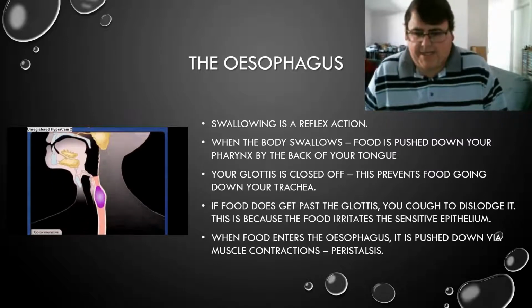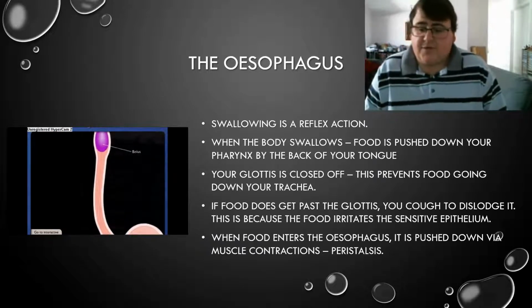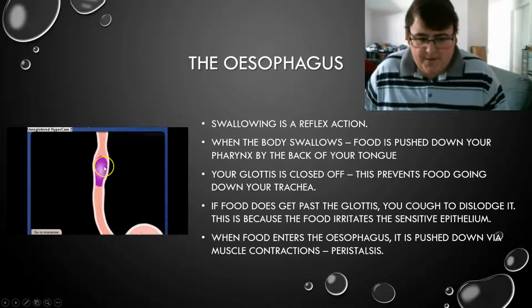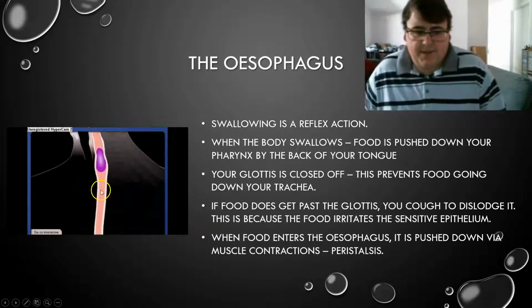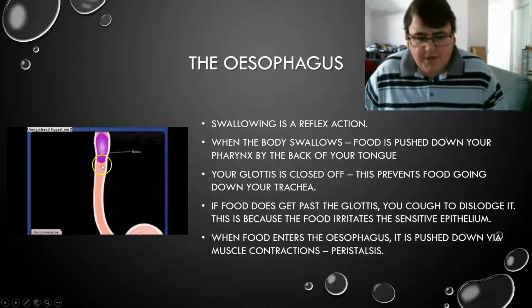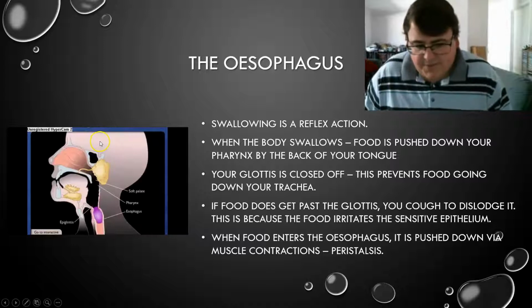Now, when food enters the esophagus, it's pushed down by muscle contractions. This is a process called peristalsis. So this is what's happening here. This purple ball here, that's called the bolus. That's the food going down your esophagus. You'll notice along the entire esophagus here, there are muscles.